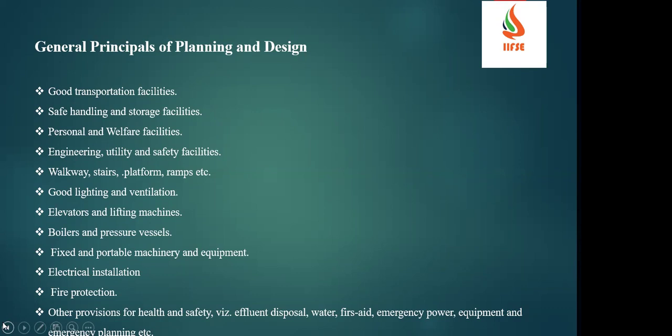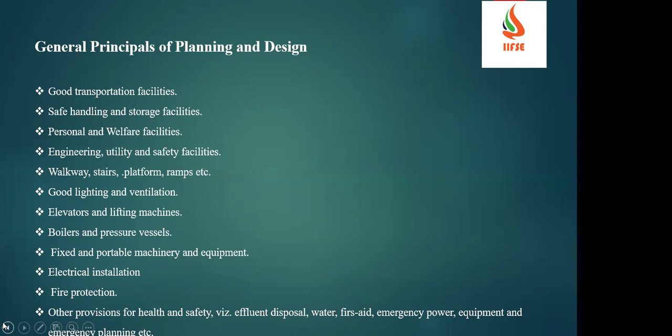Then personnel and welfare facilities, and what all is to be considered. Then engineering utilities and other safety facilities like the emergency control room or fire hydrant system. Walkways, stairs, platforms and ramps, wherever required, we have to identify in the design phase itself. Then good lighting and ventilation, and elevators and lifting machines where we can't do manual material handling.